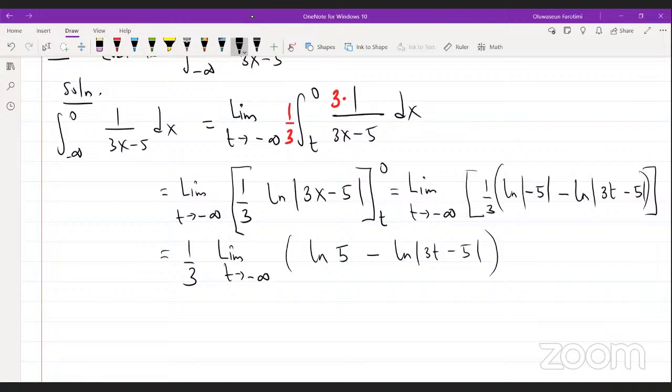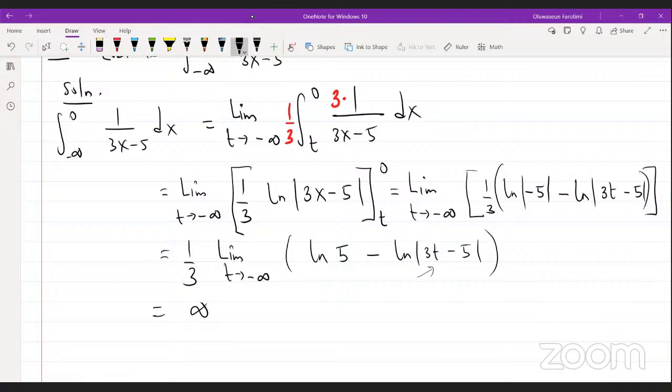Amazing. So right now I need to pass my limits. These guys are constants, but if you pass your limit here, t goes to negative infinity, so the limit of ln of this guy is going to be infinity.